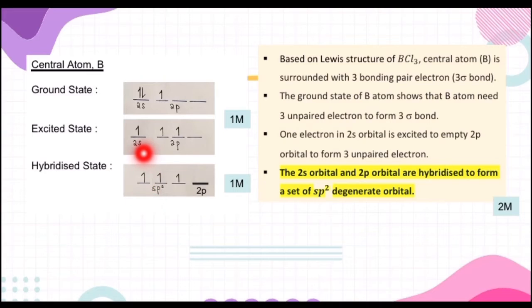The 2s and 2p orbital are hybridized to form a set of sp2 degenerate orbital, and this is the empty 2p orbital. So 2 marks for the orbital diagram and another 2 marks for the explanation. So the one that I highlight down here is the main idea for this part.